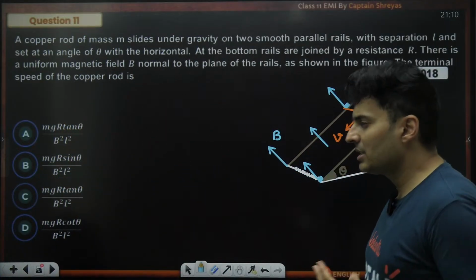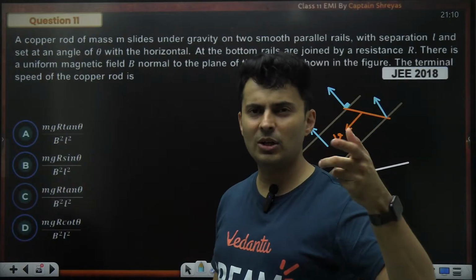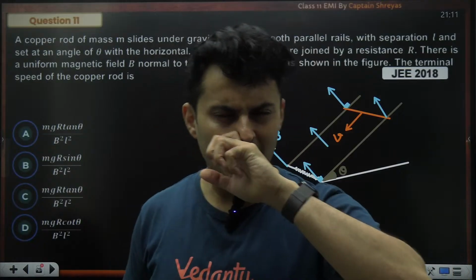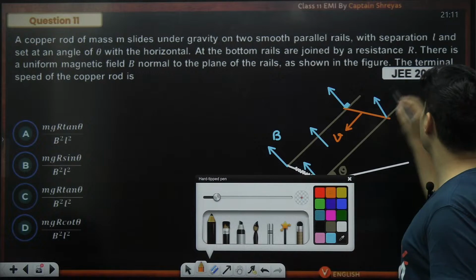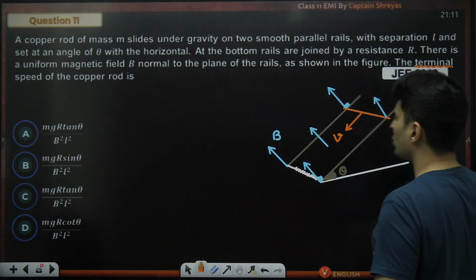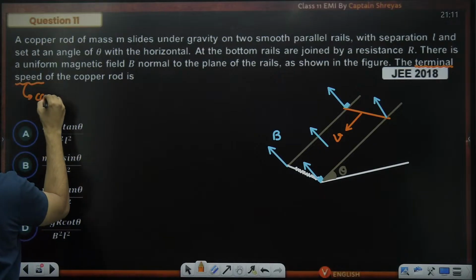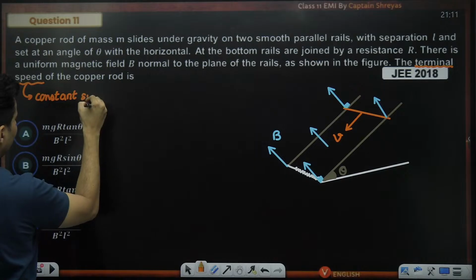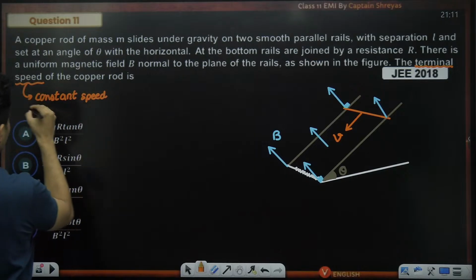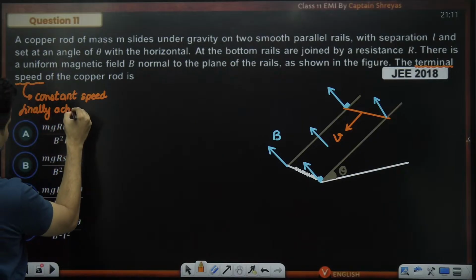Now, one interesting word over here is terminal velocity. Terminal velocity means that velocity which is finally achieved and it does not change. So that means we have to assume that this word refers to one constant speed which is finally achieved.